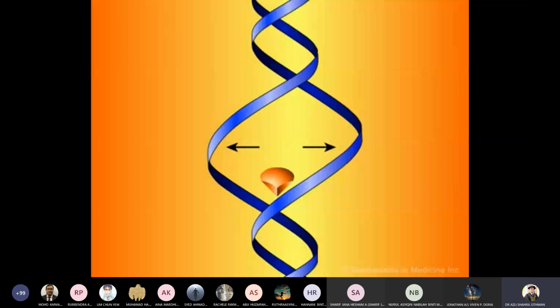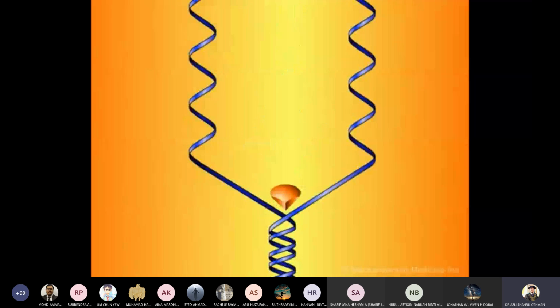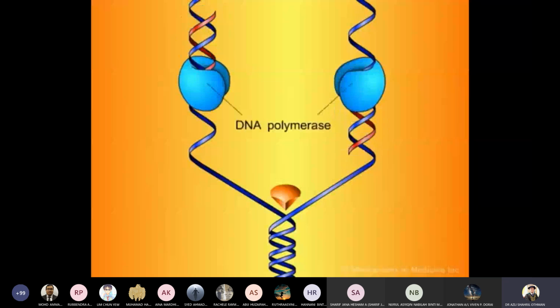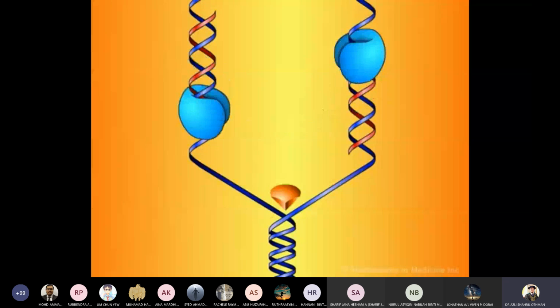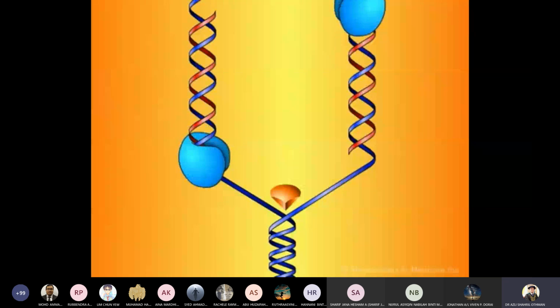The points at which the two strands of DNA separate to allow replication of DNA are known as replication forks. The enzyme DNA polymerase then moves along each strand of DNA behind each replication fork, synthesizing new DNA strands, in red, complementary to the original ones.